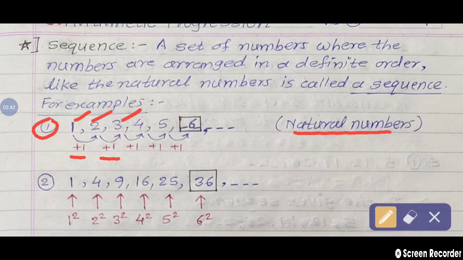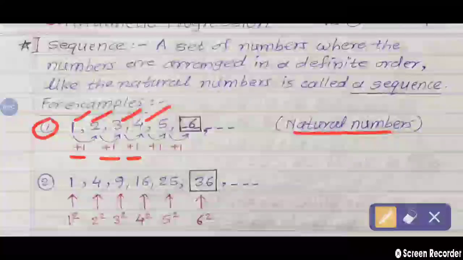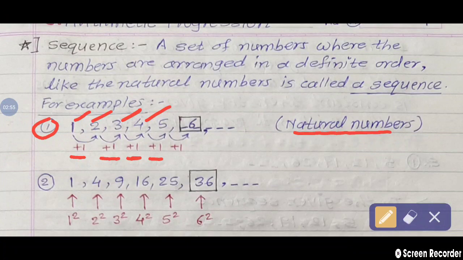So the same relation is present between the next consecutive numbers. 3 plus 1, we obtain the fourth position number, 4. 4 plus 1, then we obtain the fifth position number, 5. Then what is the sixth position number? 5 plus 1, we obtain 6.